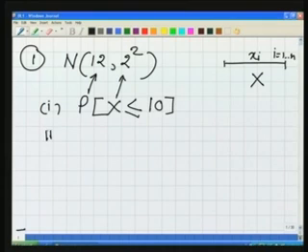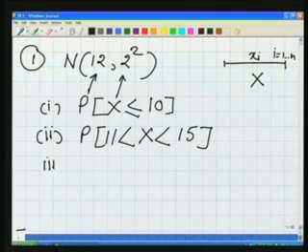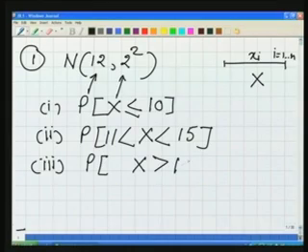Also, number 2, we have to find the probability of x being more than 11 and less than 15. Also, the third one, because the treatment in this third case will be slightly different, this is why I am giving this third case also. We have to find the probability that our x is more than 16.